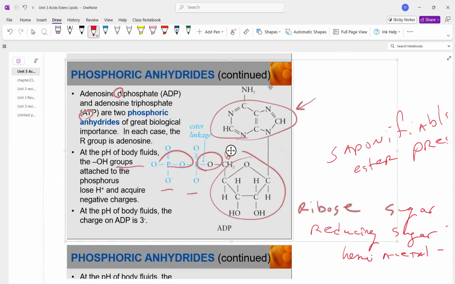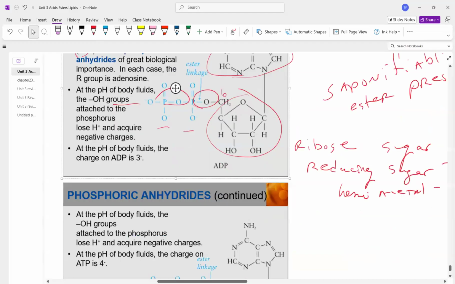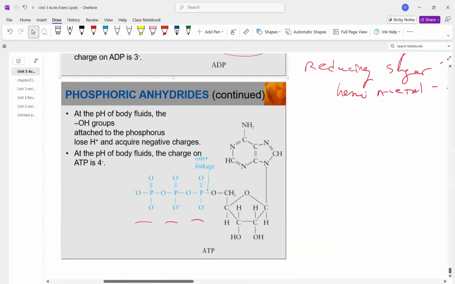Okay, that's a ribose sugar. This is a nitrogen heterocyclic, called adenine. And then here's the phosphoric acid anhydride. This would be adenosine triphosphate.